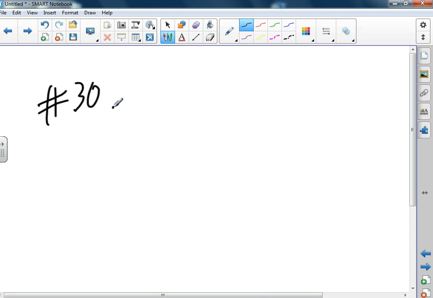All right, so problem number 30. A Zener diode spec says the current when this guy is Zenering, what does the T mean on it, is 20 milliamps.